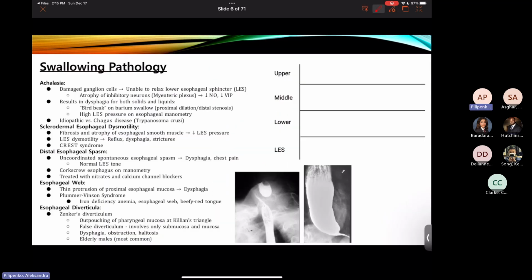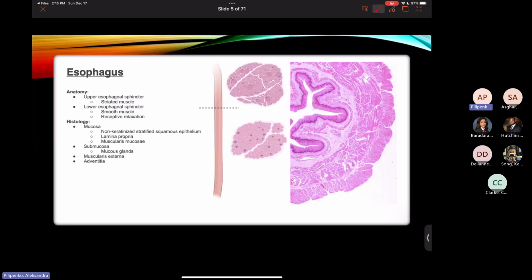All right, for esophagus, moving down our GI tract. Esophagus, just a refresher for you, the basic anatomy. Remember, we have upper esophageal sphincter and then the lower one. And you guys remember they have different composition in terms of the muscles.